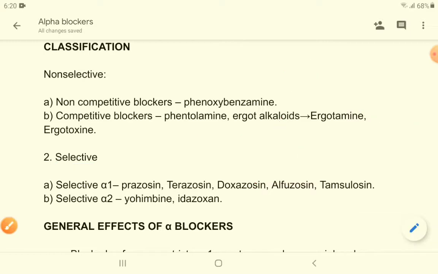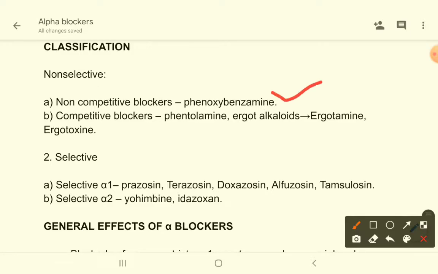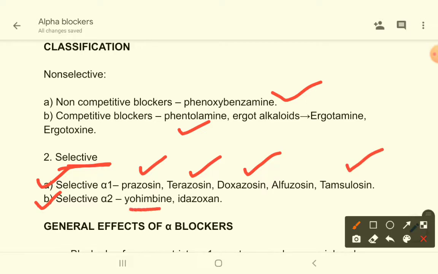So the non-selective drugs, you can say phenoxybenzamine, phentolamine, and in the selective portion, they may be selective alpha 1 blocker or selective alpha 2 blocker. Selective alpha 1 blockers are prazosin, terazosin, doxazosin, tamsulosin, etc. And selective alpha 2 blockers like yohimbine.